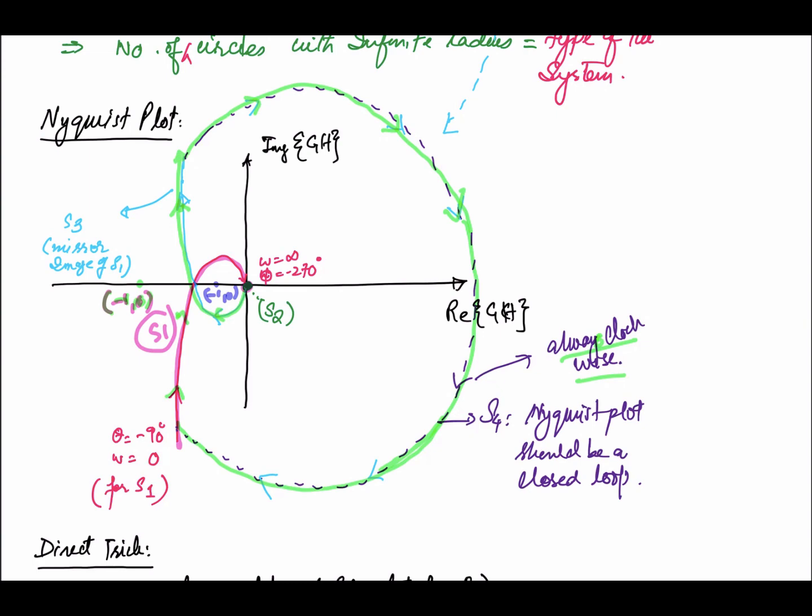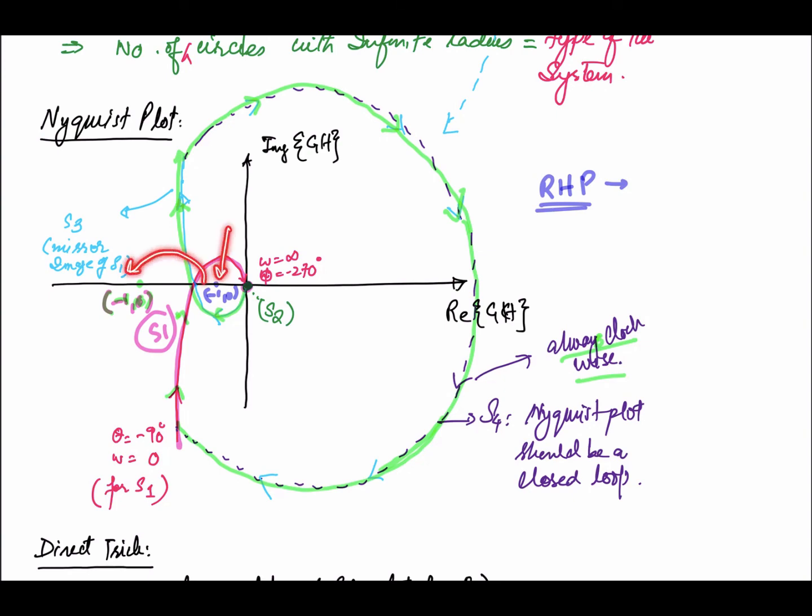It means the zero of the characteristic equation is in the right half plane, and a zero of the characteristic equation means a pole of the closed loop system in the right half plane, so that will be unstable if the encirclement is like this.